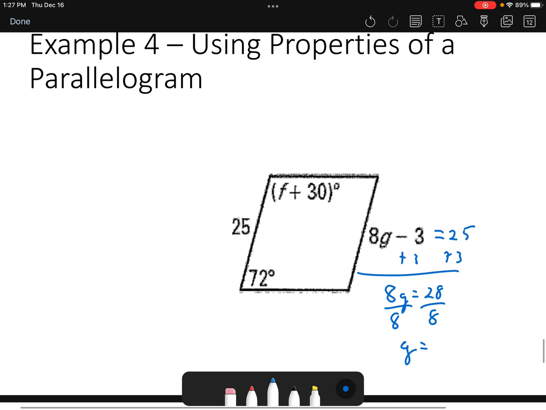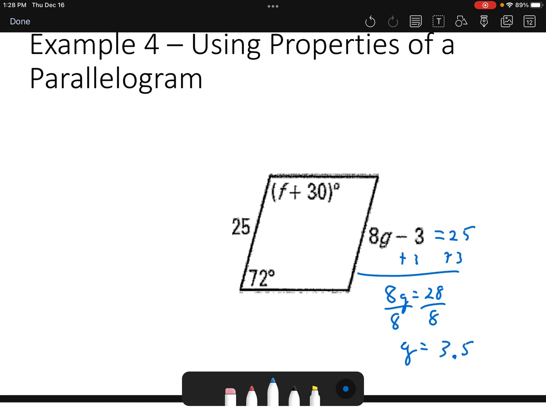So 8g equals 28, divide by 8. 28 divided by 8, yeah, 3.5. There we go.